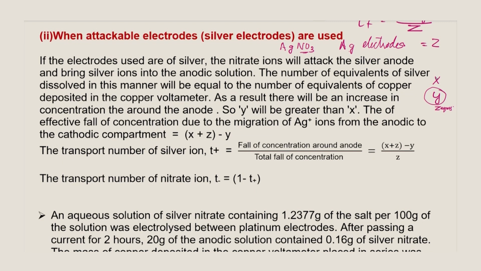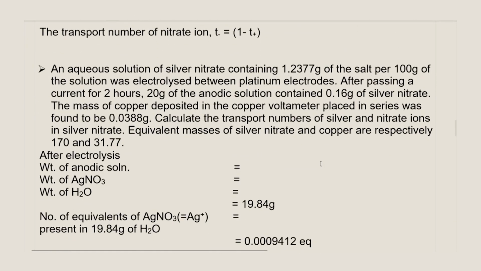So X will be smaller than Y, and you can't take it as X minus Y. So what we do is add the value Z along with X. Y already includes Z, and therefore X plus Z minus Y will give you the fall in concentration around the anodic compartment. Therefore, T plus can be given as X plus Z minus Y divided by Z, where Z is the total number of equivalents or total fall in concentration, and again T minus is equal to 1 minus T plus. Now, let us go for a problem related to this experiment.